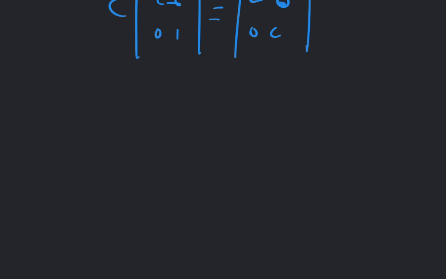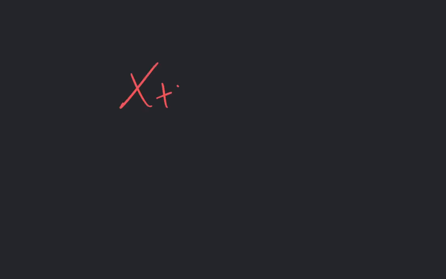What isn't a vector space? Well, for example, x plus y equal 1. This is a line in 2-dimensional space. So 1, 1.